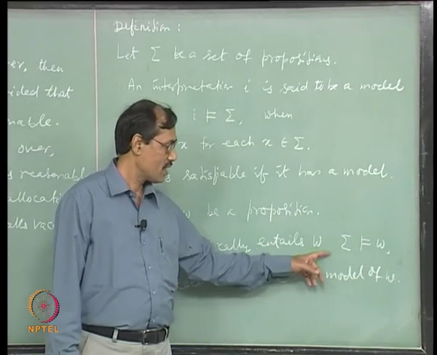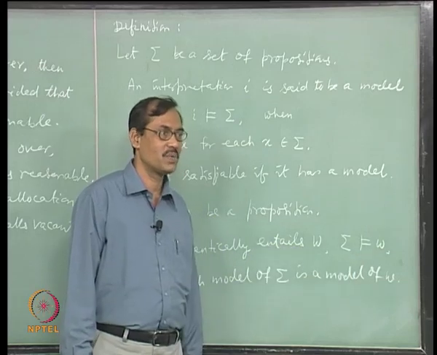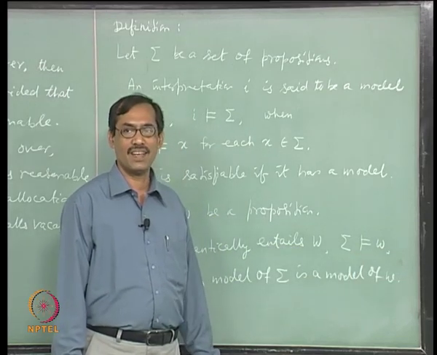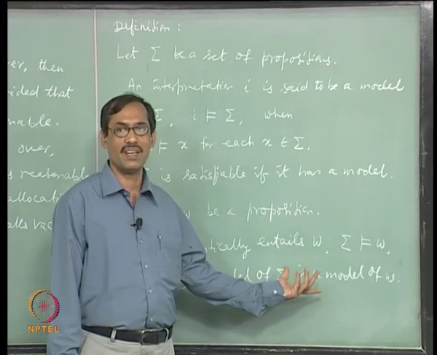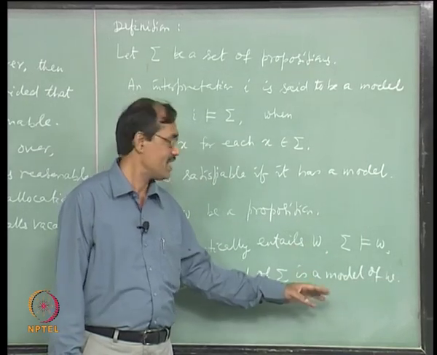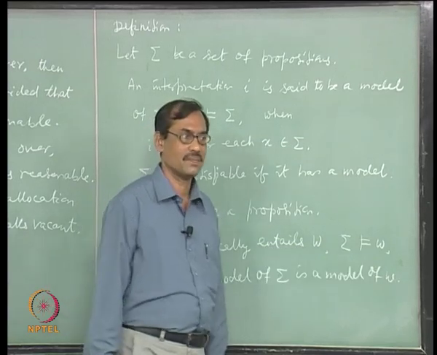We say that the consequence sigma entails W is valid, to say that sigma entails W. We do not know till now whether it is valid or not. Once it is valid we can write it this way. So, it is overloaded in that sense.